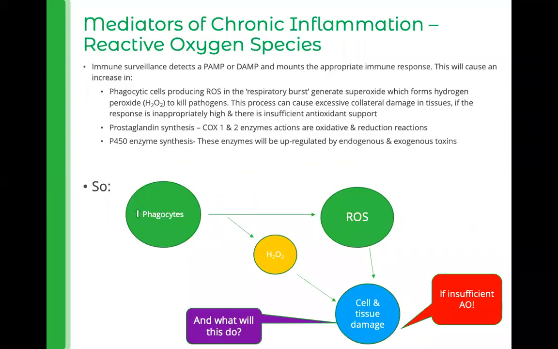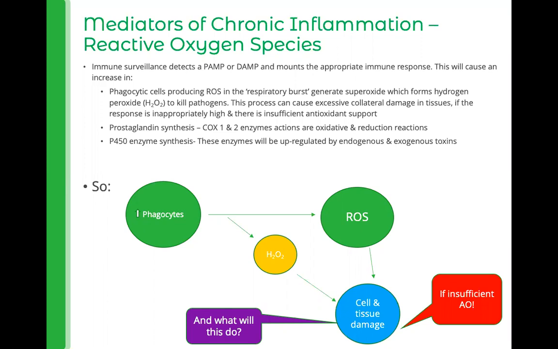This leads us in then to the reactive oxygen species, and this is where I did a couple of my own mind maps for you, just so they're slightly different. So what can happen is, if we have loads of PAMPs and DAMPs, it'll cause an increase in phagocytes or phagocytic cells, and what they do is they produce reactive oxygen species. That production generates hydrogen peroxide, H2O2.